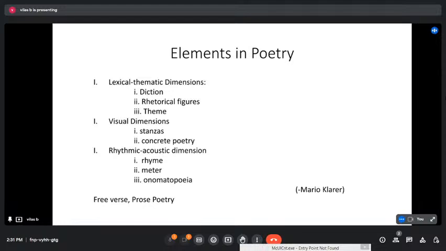There are two types of meanings. Denotation, what we call literal meaning or a dictionary meaning, which we consider in day-to-day language.